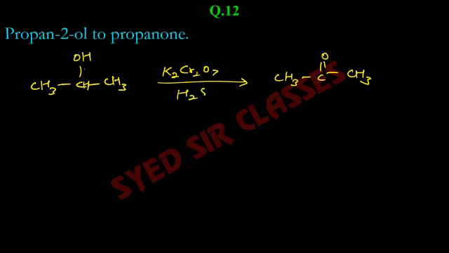H2SO4 will anyway be required. So these are oxidizing agents: PCC, CrO3, potassium dichromate, K2Cr2O7. All these are oxidizing agents.